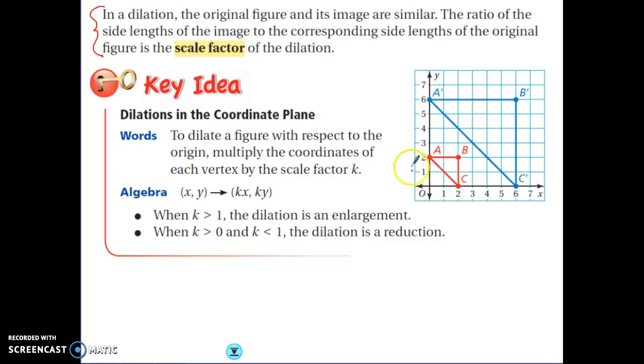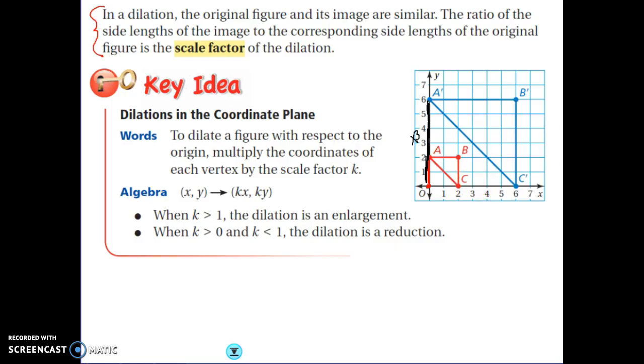Looking at our graph over here, if the origin is my center of dilation, I can take the distance from the origin to point A and count it to find that it is 2. Going from the origin to A prime, this is a distance of 6, meaning all we did is we took that original distance and we multiplied it by 3 to obtain the new distance.